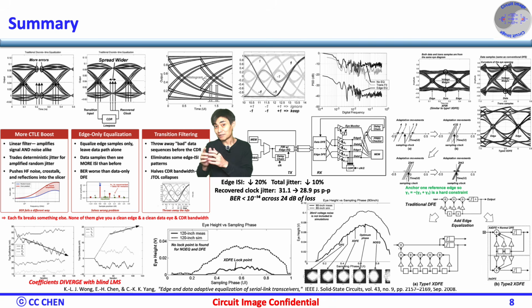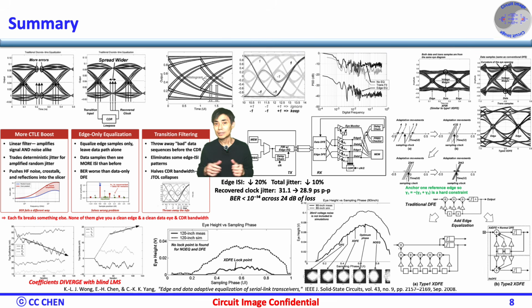The major result is very clear. Across a 120-inch FR4 channel with a 24 dB loss, no equalization does not lock. Conventional DFE fails adaptation. Only Type 2 XDFE with a modified LMS reaches error-free operation.